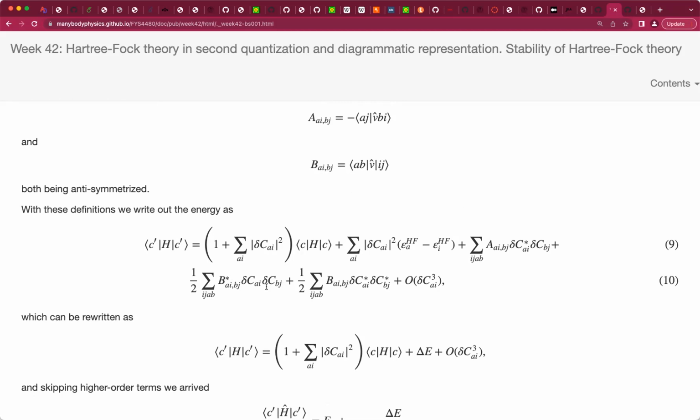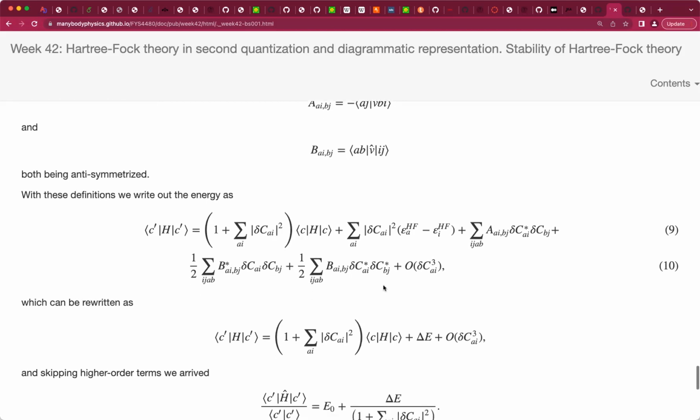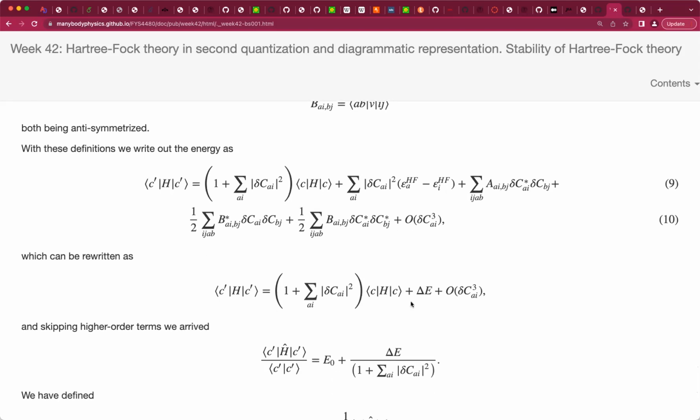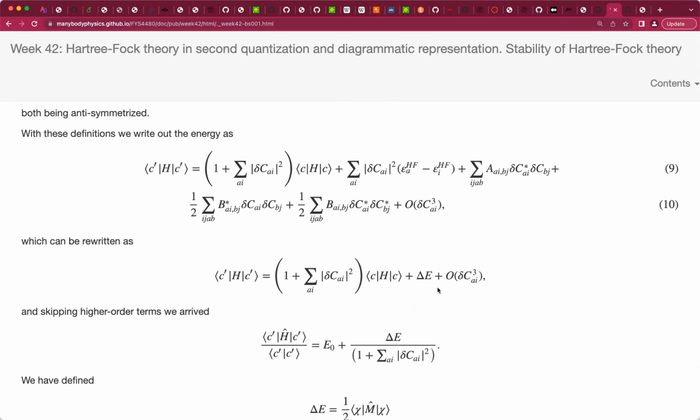And then we have the unknown coefficients. And you can rewrite this when we now sort it out. We can rewrite it like that. And we have higher order terms, which we in a way have neglected. So this delta E is the quantity which we now want to study in terms of these different matrix elements.